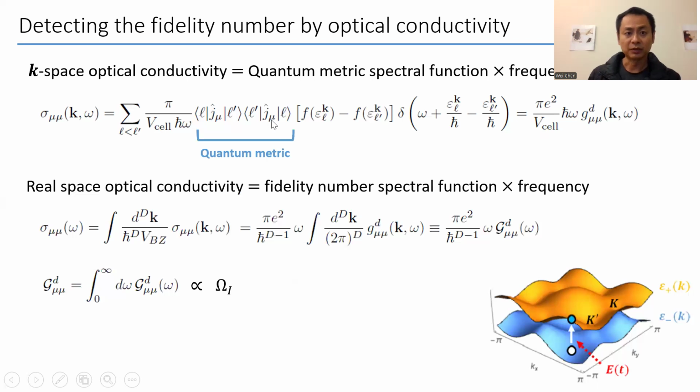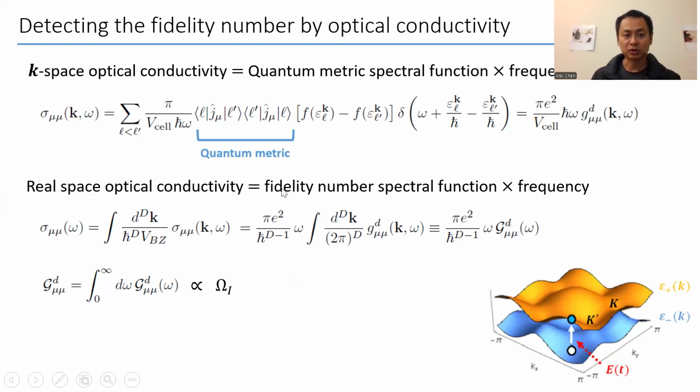So in other words, if you integrate over the entire Brillouin zone, you get what we call the fidelity number spectral function. And if you also integrate this fidelity number spectral function over frequency, you kill the delta function, and you are simply left with the quantum metric in the transition matrix element of any optical absorption.